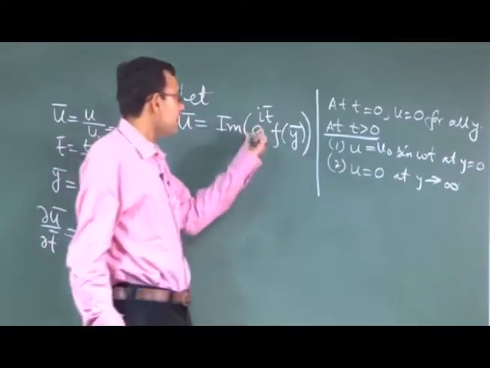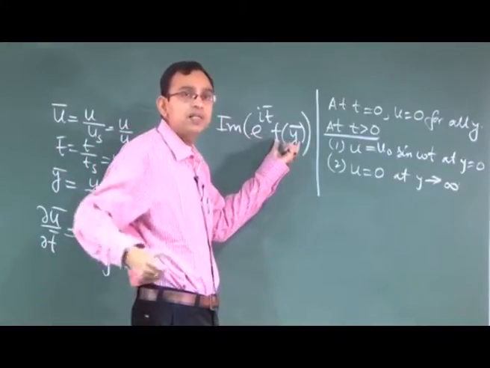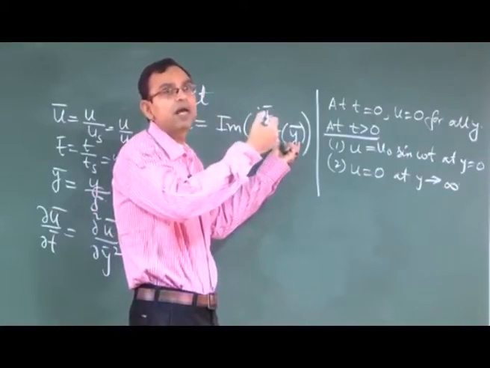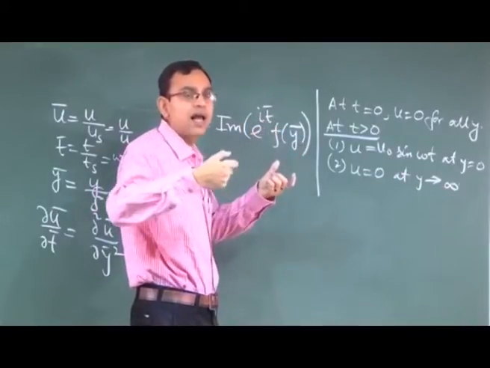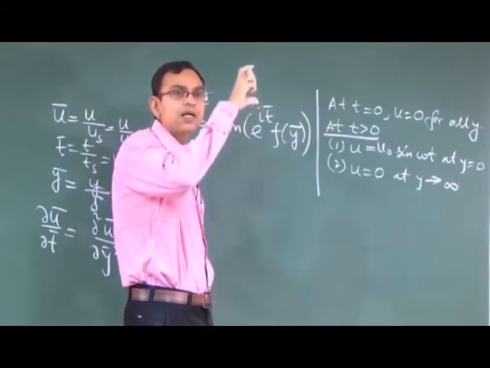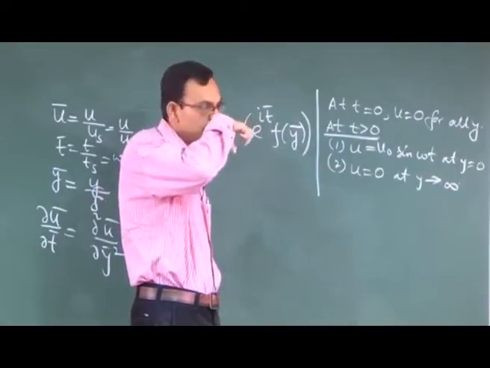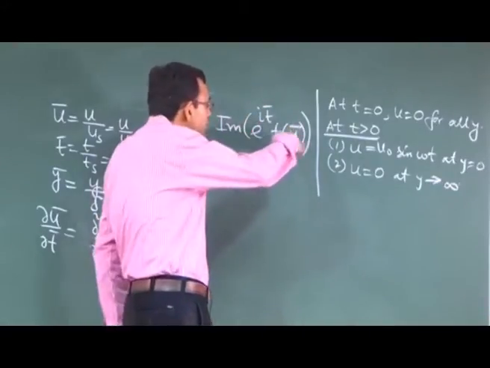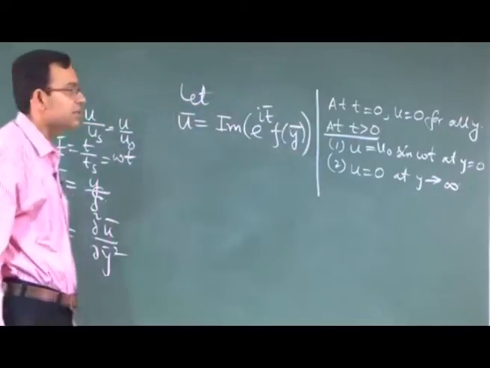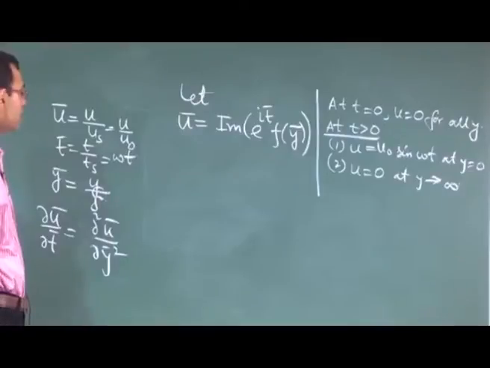You expect a harmonic function of time, and you expect an exponentially decaying function in space, because eventually as you go away from the solid boundary, there will be a critical distance delta beyond which its effect will not be there. So, this should be an exponentially decaying function physically. So, mathematically what it comes out, let us see.